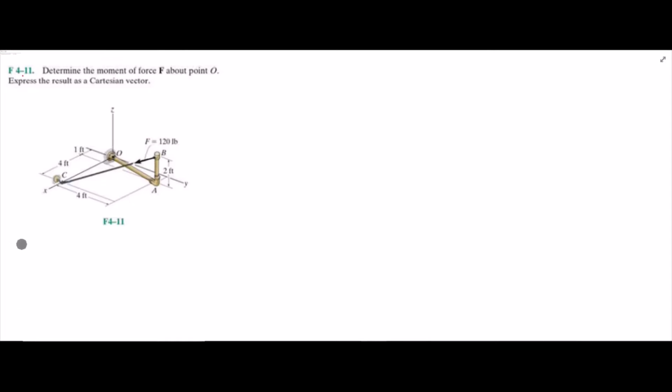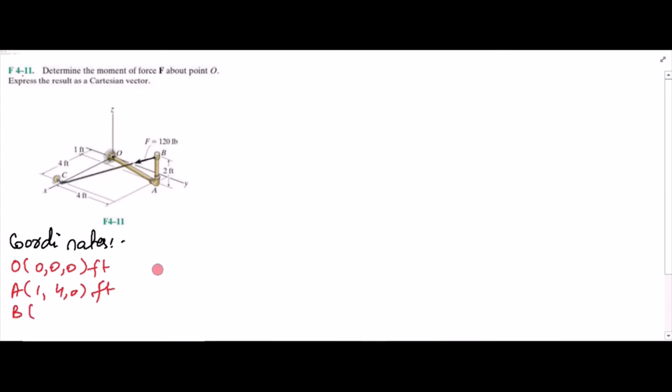For the coordinates of the points: point O is the origin, so it's 0, 0, 0. For point A, it is 1 in the x, 4 in the y, and 0 in the z-axis.